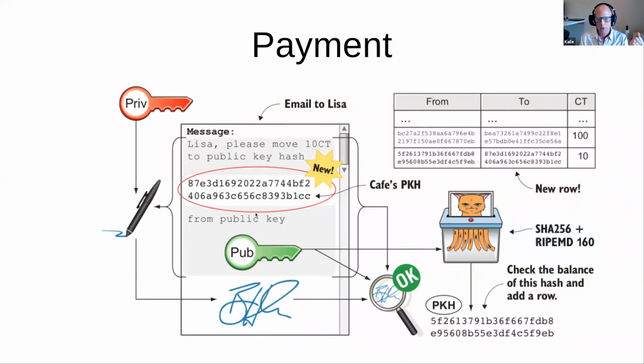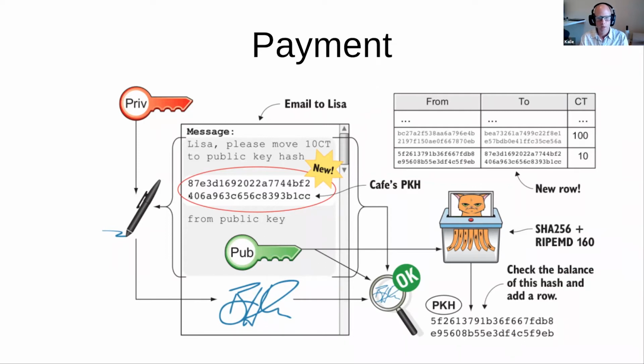The recipient of the payment message will now not be a public key, but a public key hash. So this is John paying 10 cookie tokens to the cafe. He writes, Lisa, please move 10 cookie tokens to public key hash 87E3 and so on, which is the cafe's public key hash. And he still uses his full public key as the sender.